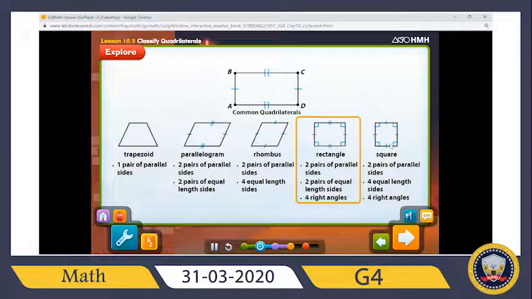Check it. 1, 2, 3, 4. We can see 4 right angles for square and rectangle. I know the general name is quadrilaterals, but trapezoid, parallelogram, rhombus, rectangle, and square are some common quadrilaterals, and they are specific names for these quadrilaterals.